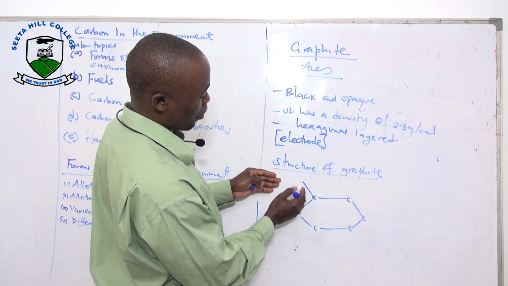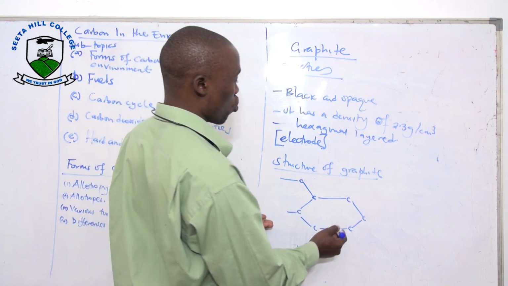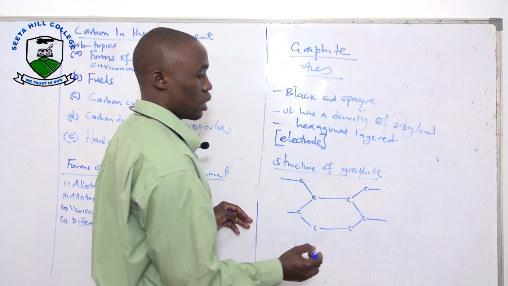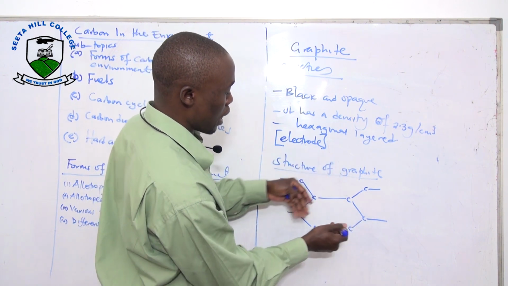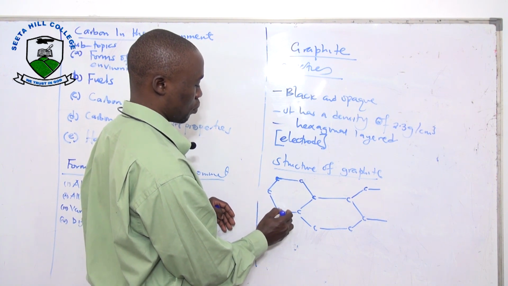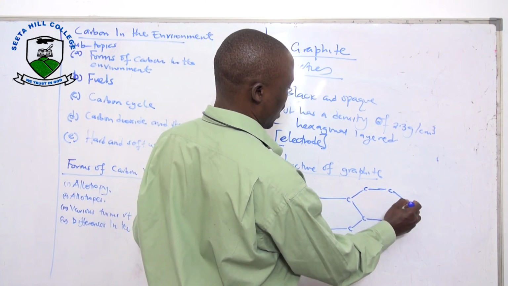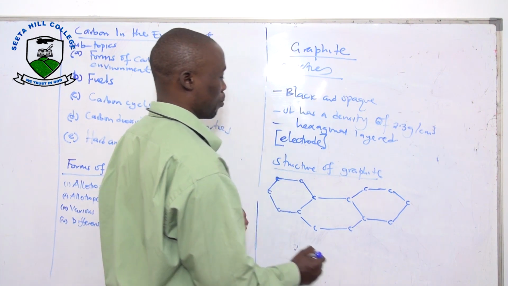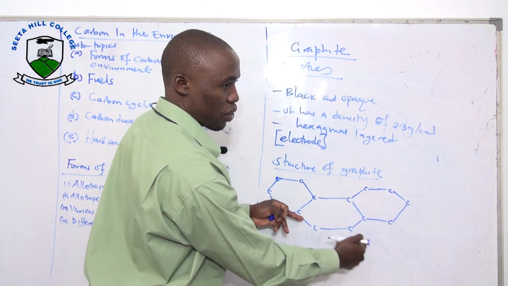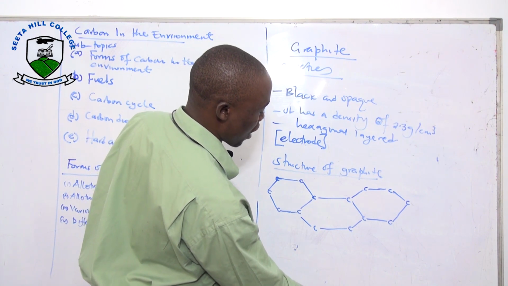You see, it has rings everywhere. Of course, we shall not draw the entire thing due to space. If you continue to draw, you will draw and draw. But keep in mind that it has rings and layers. Now there will be rings everywhere here. You continue them, then there will be another layer down here.